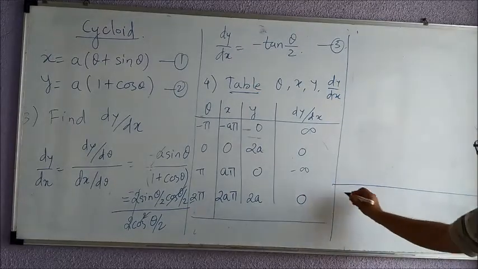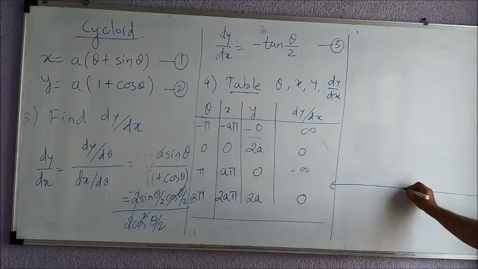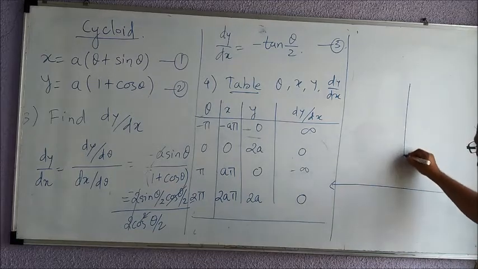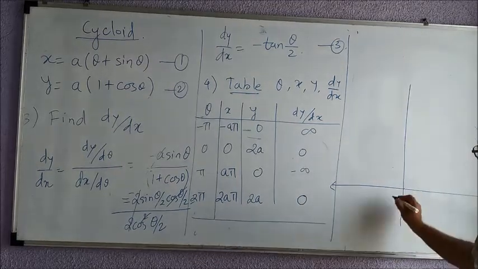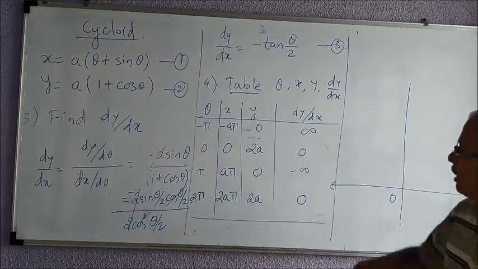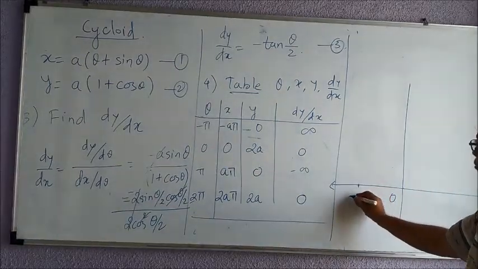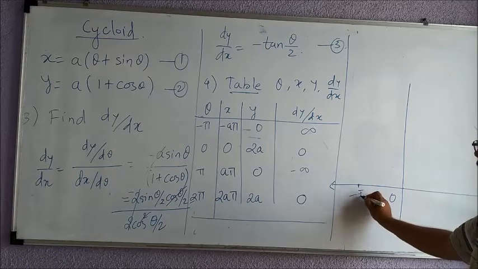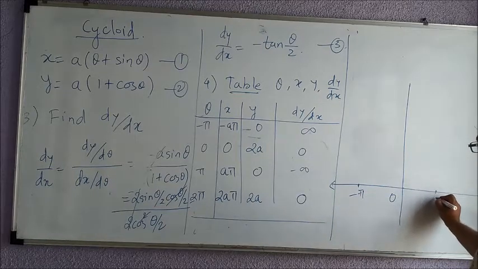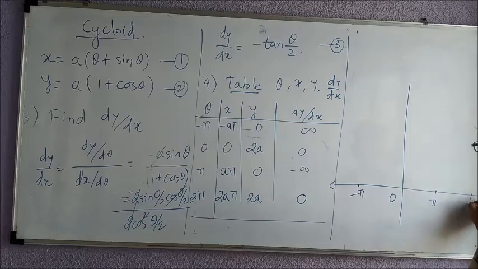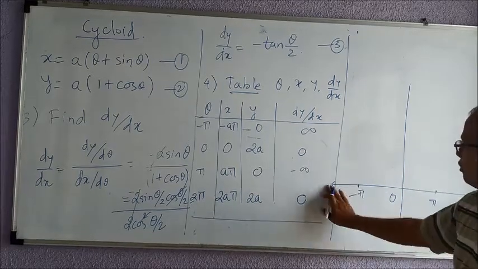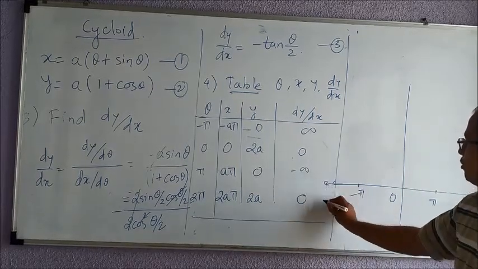This is the x-axis, and here is the origin. Now we have taken different points. So here I will take minus pi, here is plus pi, then 2 pi, and if we extend here, this is minus 2 pi.